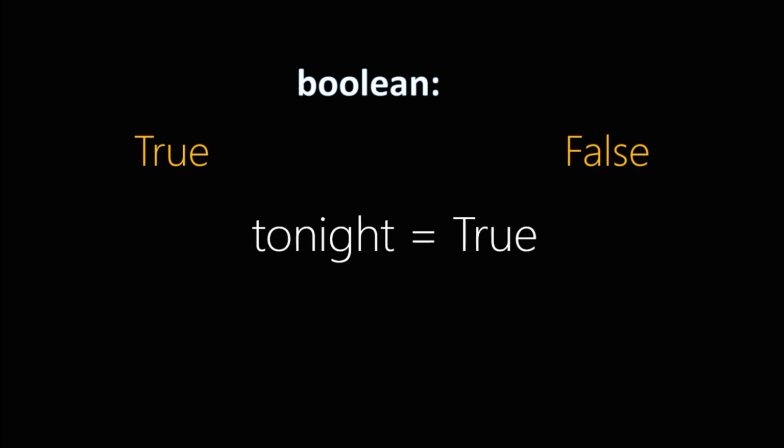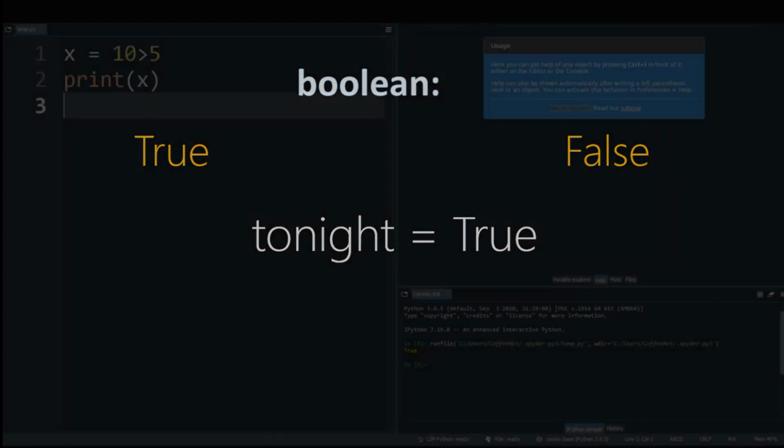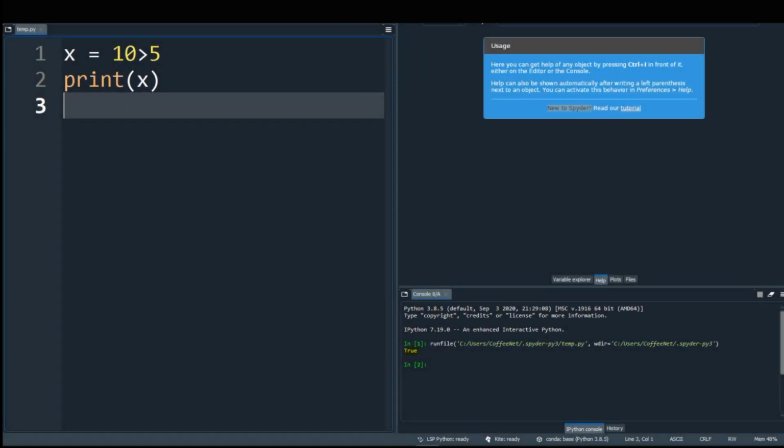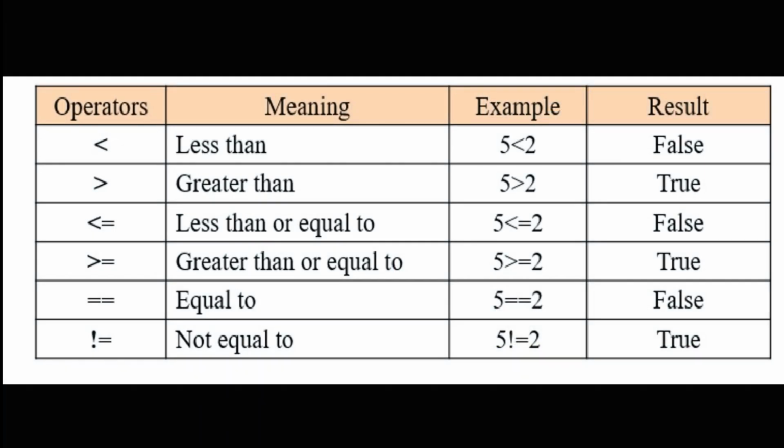Here it's not useful, but we can use comparison operators like less than or greater than to compare values and produce a Boolean result. Here you can see the full list of comparison operators.